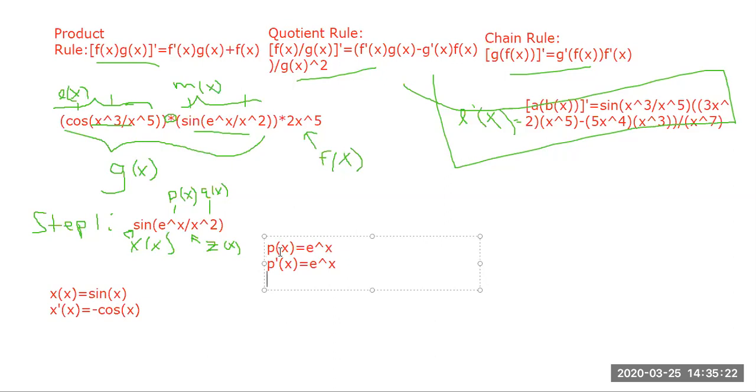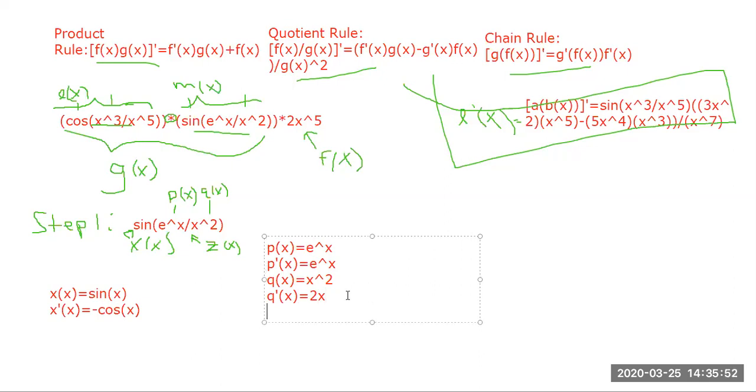Okay, so q of x equals x squared. Q prime of x using the power rule again is just 2x, as we saw earlier with the last one. It'll technically be 2x to the first power, but that would just make 2x again.